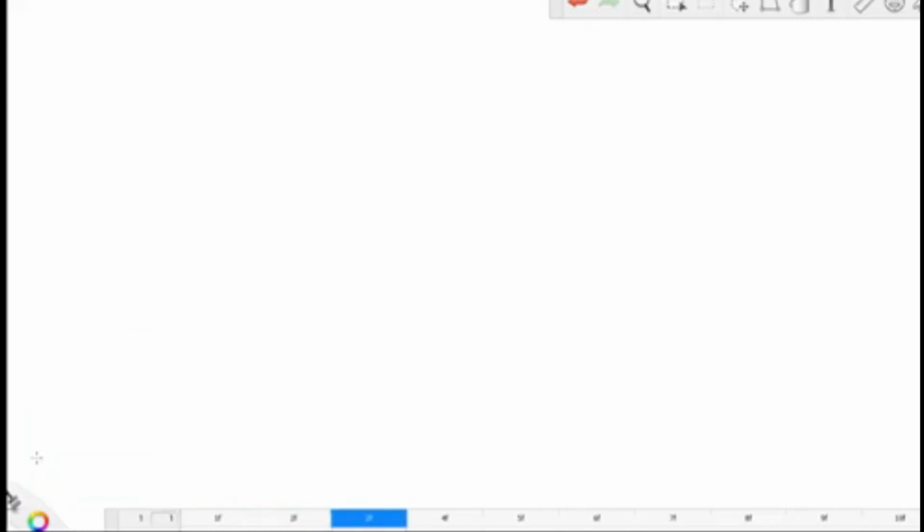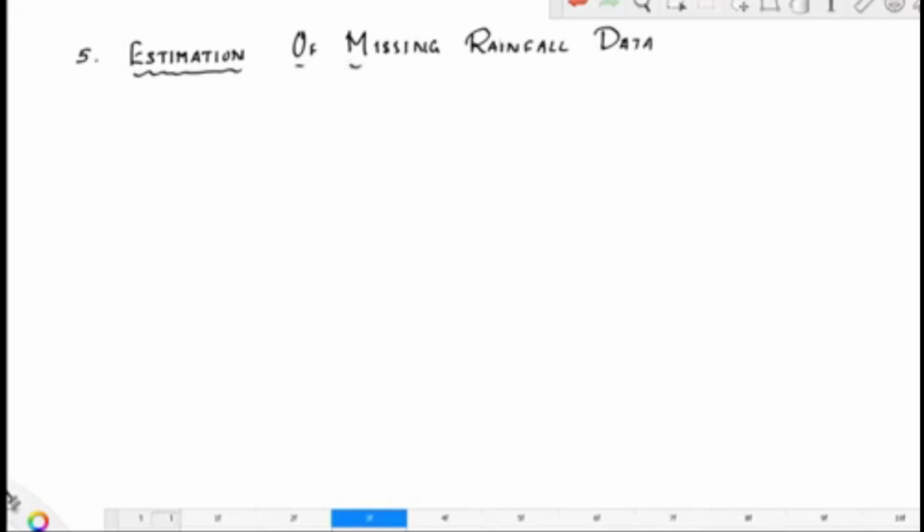Next concept which is important here is estimation of missing rainfall data. So in this first one, normal ratio method.